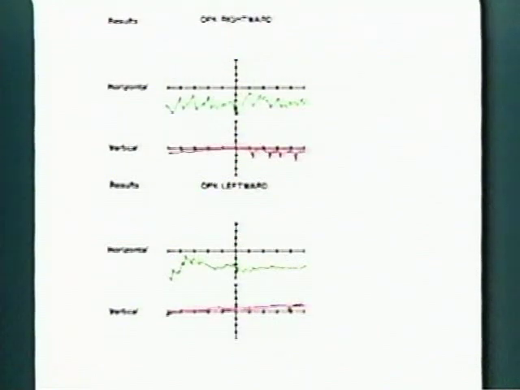In the second tracing, we see a significant difference between the rightward and leftward OPK, demonstrating a greater than 30% abnormality. This, of course, is abnormal. This demonstrates a greater than 30% difference between the right and the left nystagmus in the OPK, and this is abnormal.